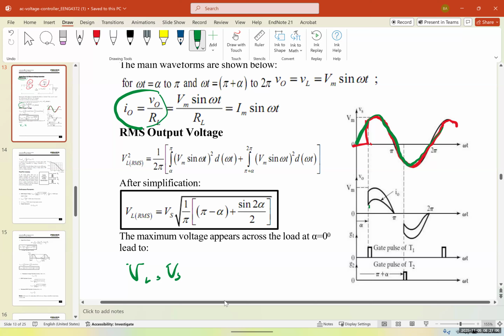Vs times square root of 0, which is 0, gives us 0. Okay. So if we have pi, obviously you can see that we start from pi, this point, you're going to have nothing left from the signal. Okay. So now we realize that the output oscillates between Vs and what? And 0. Okay.